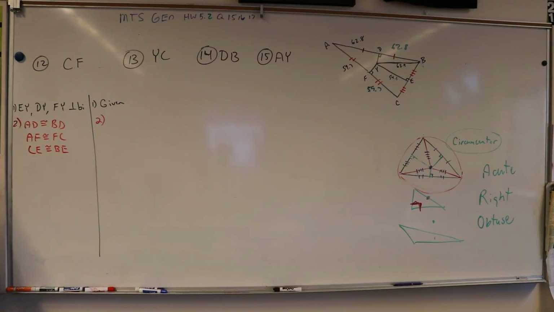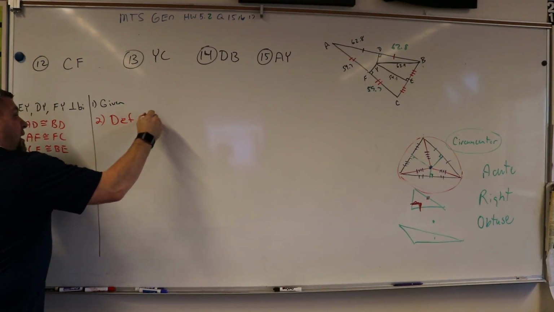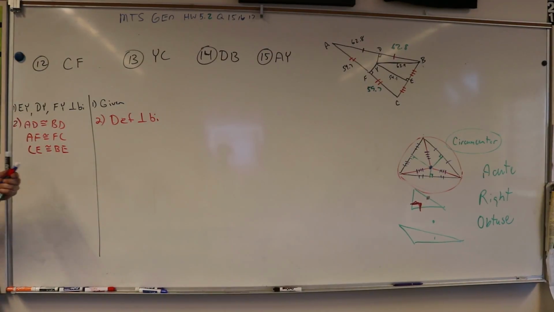Perpendicular bisector, right? The definition of being a perpendicular bisector is that it cuts it in half. Exactly half. So if it cuts it in half, they have to be the same. By definition of being a perpendicular bisector, these have to be equal.